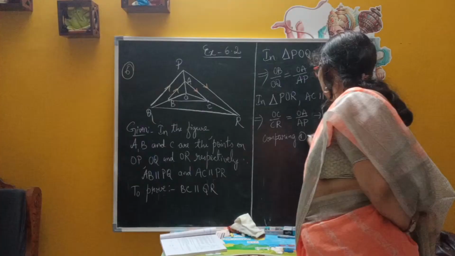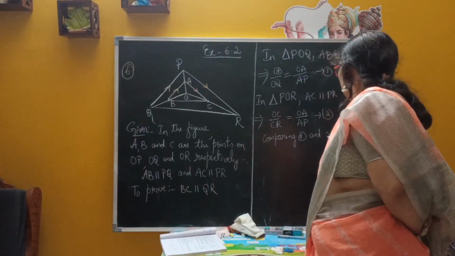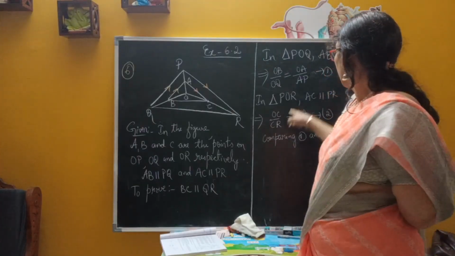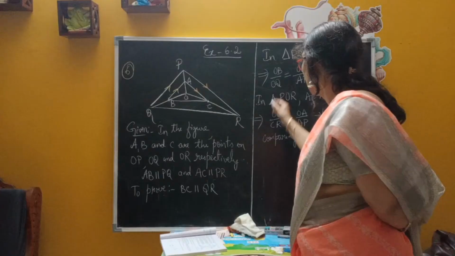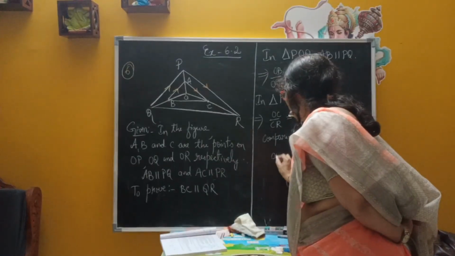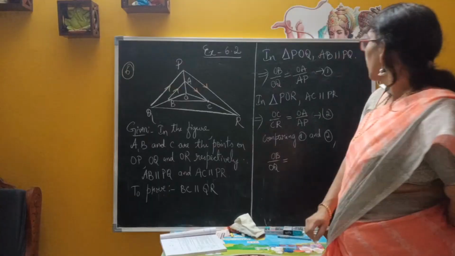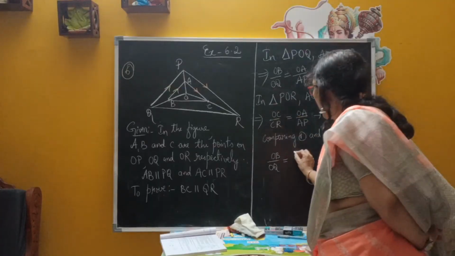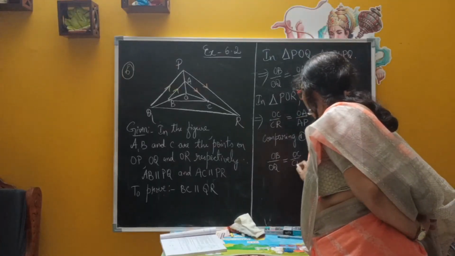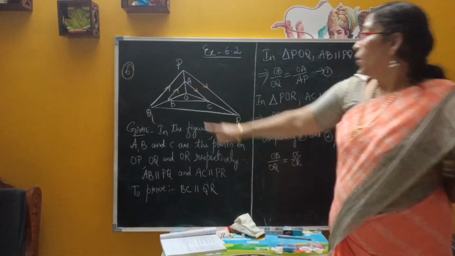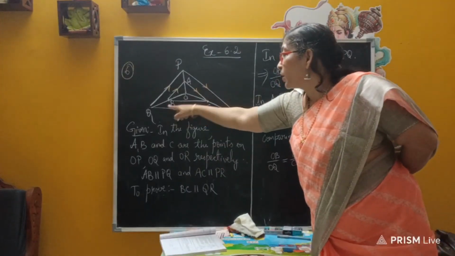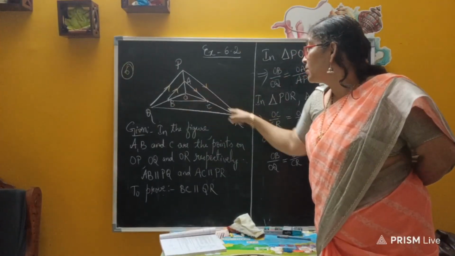Comparing 1 and 2, the RHS is equal, so the LHS must also be equal. We can write OB by BQ is equal to OC by CR.